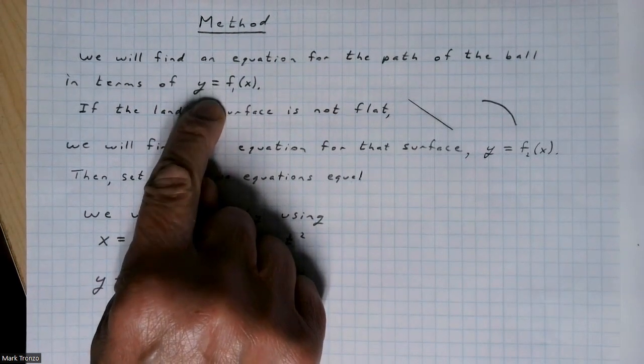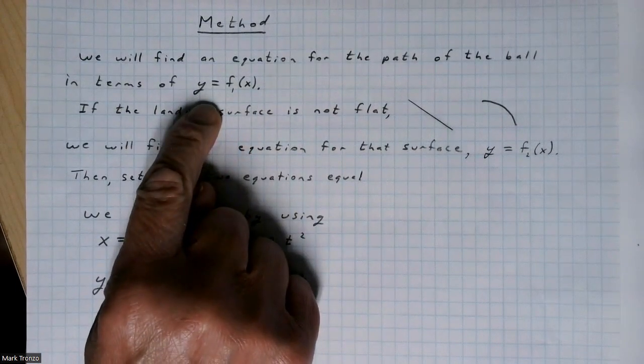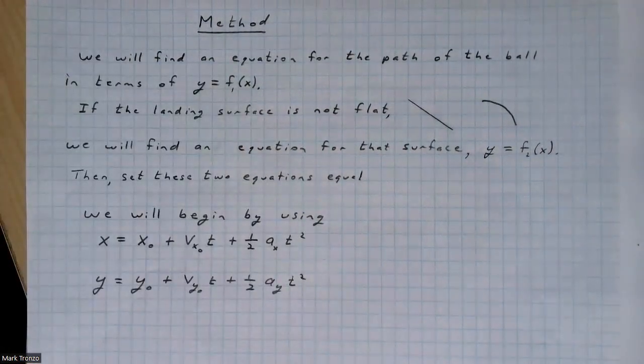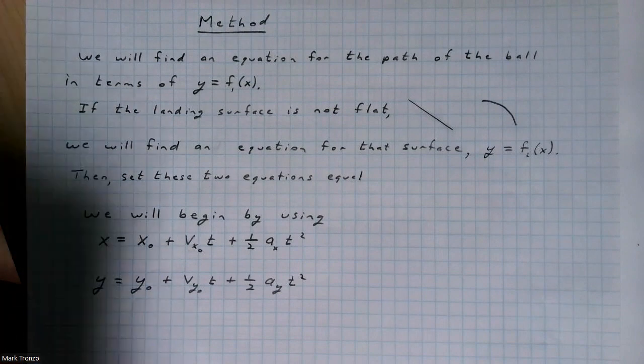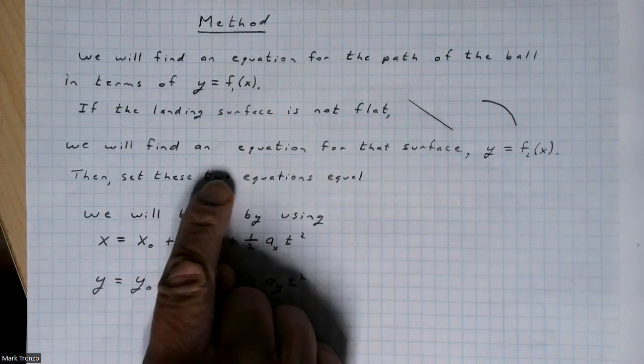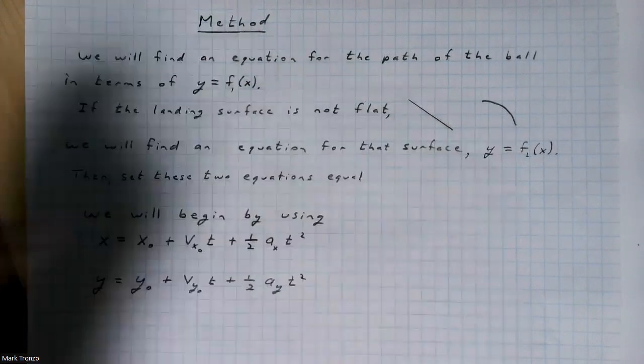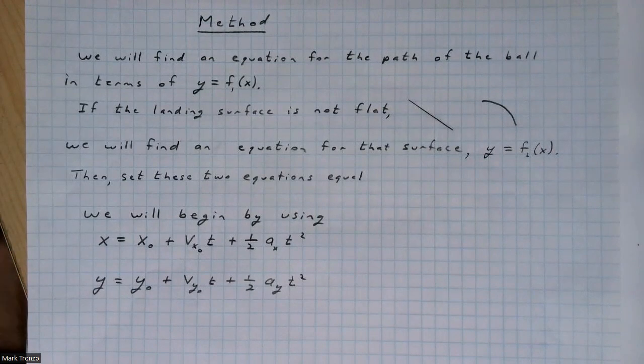We're eventually going to get to y as a function of x, and that will determine the path of the ball. And then also, if the landing surface is not flat, we're also going to find an equation for that surface, y as a function of x. Then we'll set those two equations equal.